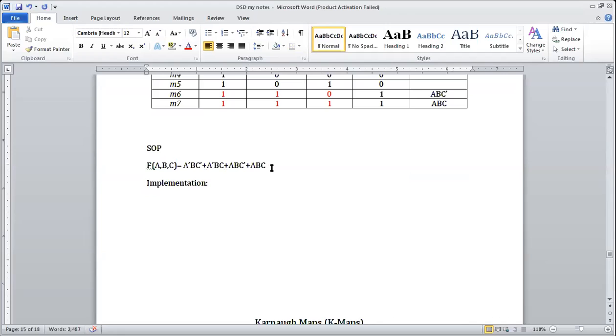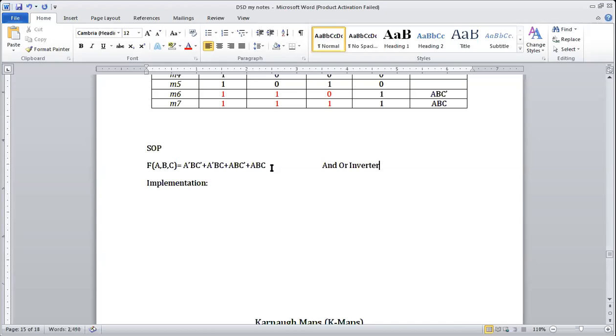OR gate, AND gate, as well as NOT gate. It is called AOI. A is AND, O is OR, and I is inverter, NOT gate.